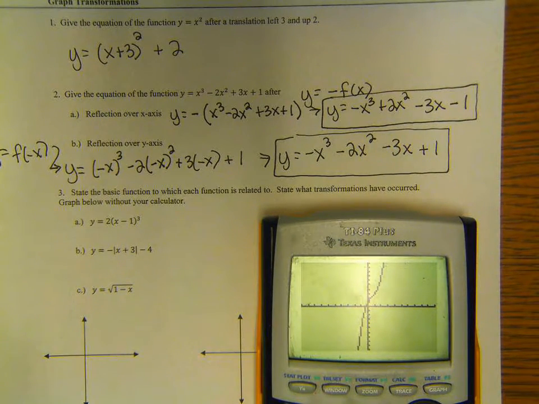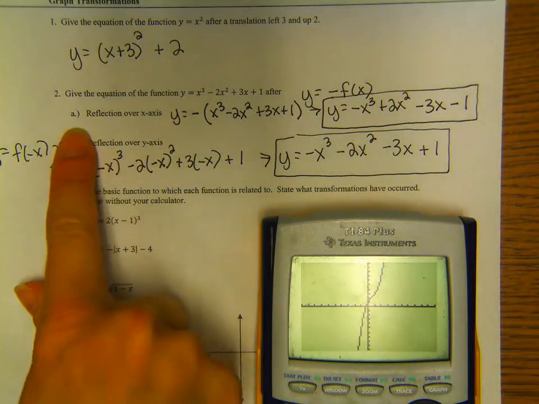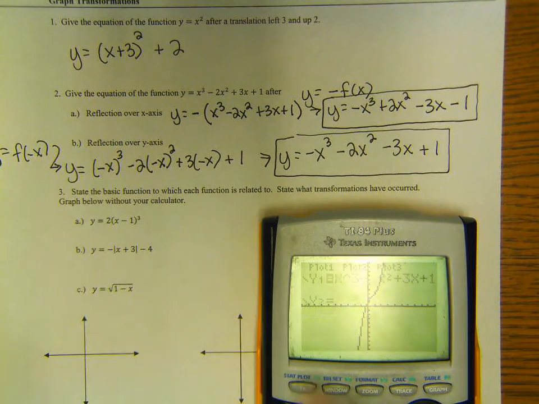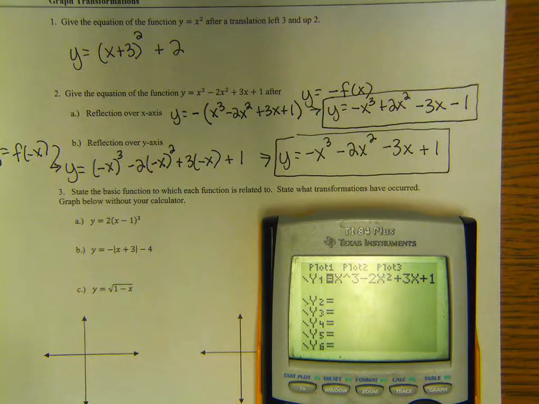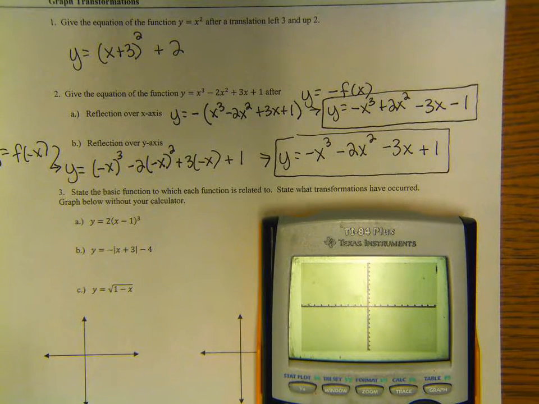All right, if I put in A, that should look like it's reflected over the x-axis. I'm going to just do that in below. So there's my original, and now reflected over the x-axis.